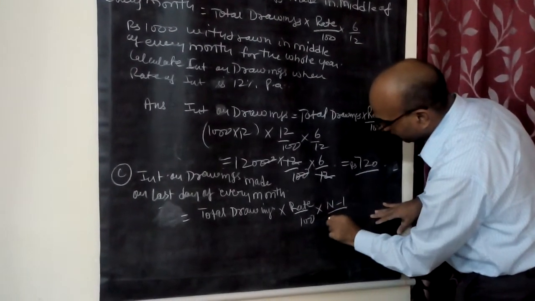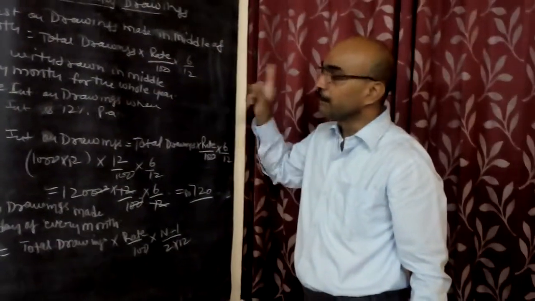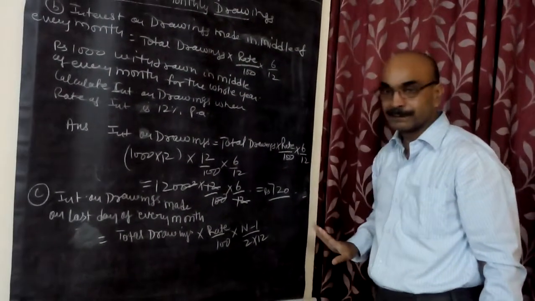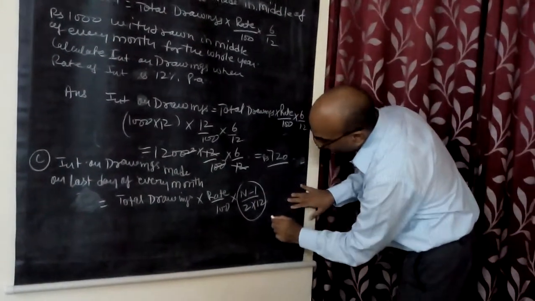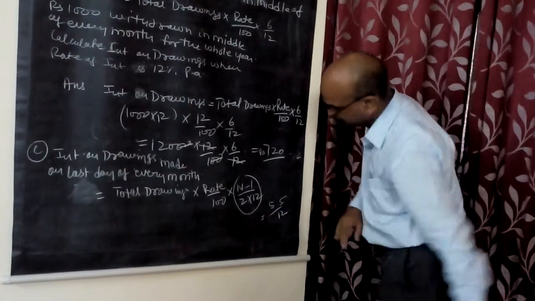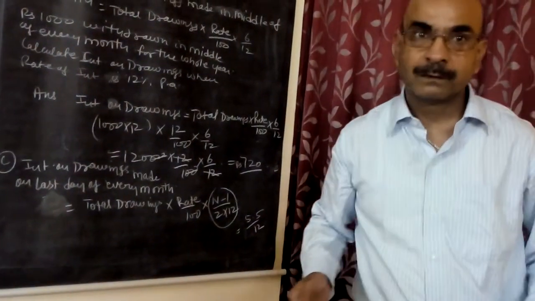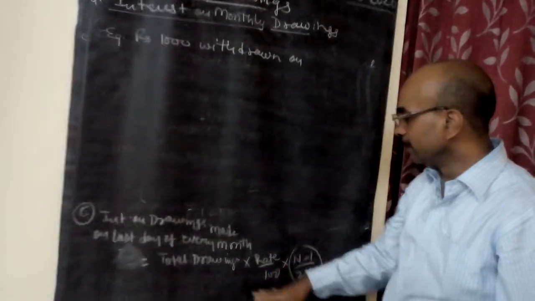The first time I had given n plus 1, here it is n minus 1. Instead of this, we can use 5.5 divided by 12. Correct? So we have seen the formula: total drawings into rate upon 100 into n minus 1 divided by 2 into 12.